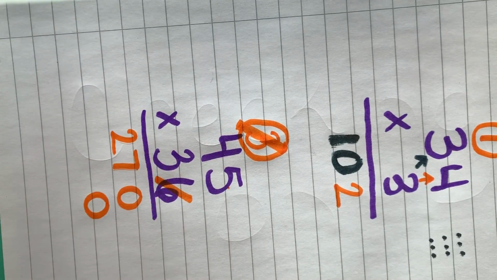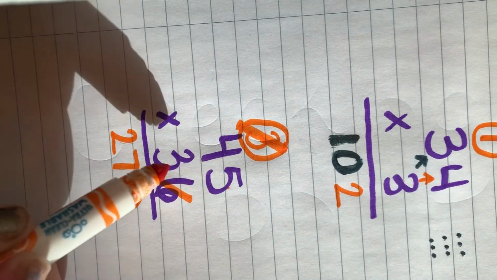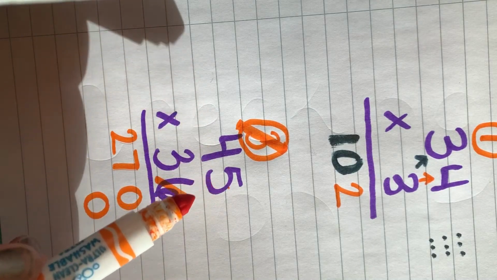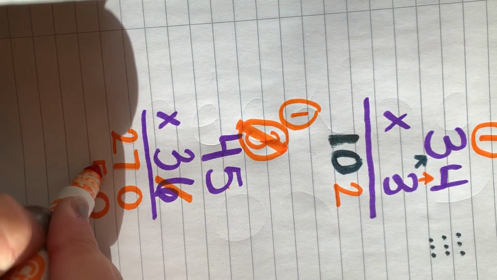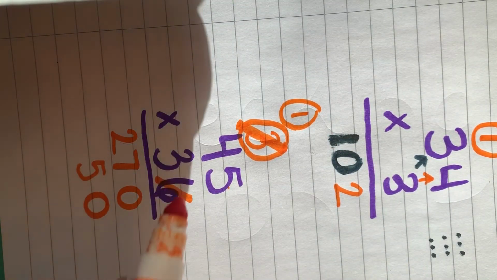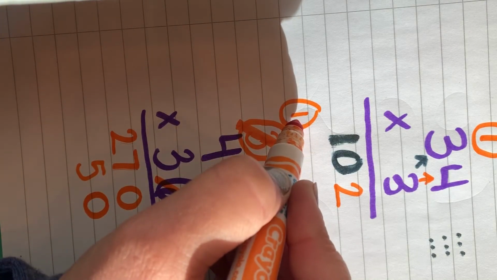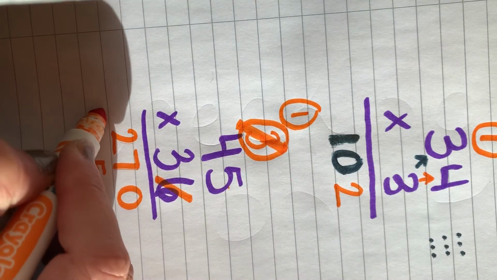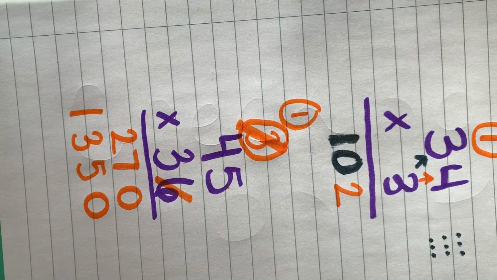So now I'm going to do 3 times 5, then 3 times 4. 3 times 5 is 15. 3 times 4 is 12, plus the carry is 13. And now my work is done for multiplying.